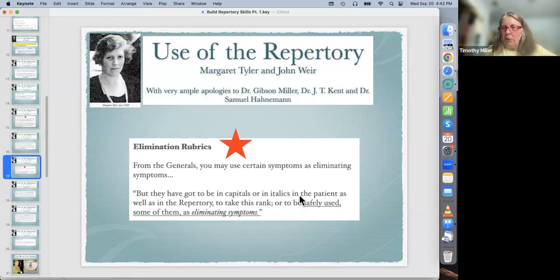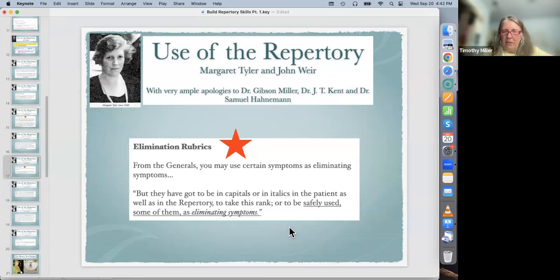Now, there's also a discussion here about what she calls elimination rubrics. Now, you saw me use an elimination in that last case, just as a demonstration to say we are only going to look at remedies that fulfill the condition of pains coming and going suddenly. That's the idea of the elimination rubric.